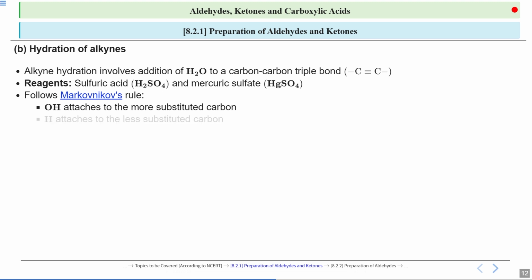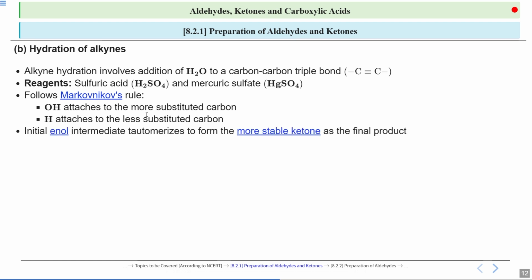And the hydrogen from the water will get attached to the less substituted carbon, the carbon with fewer carbon atoms attached. So there is addition of OH and hydrogen: OH gets attached to the more substituted carbon and hydrogen gets attached to the less substituted carbon.